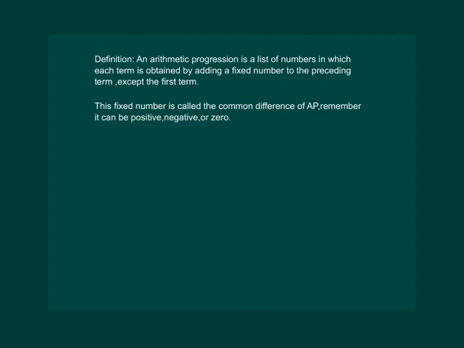Let us denote the first term of an arithmetic progression by a1. Then the second term will be denoted by a2, and the nth term can be denoted by an. Also, let us denote the common difference between the terms by small d.